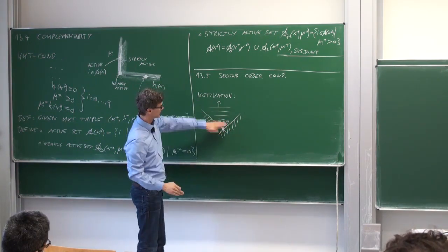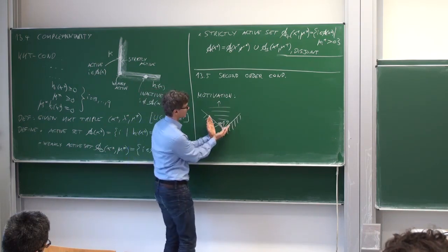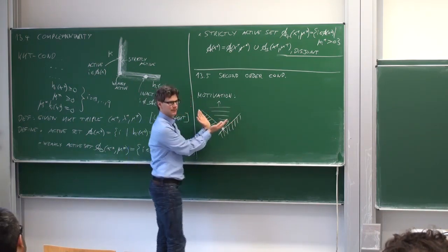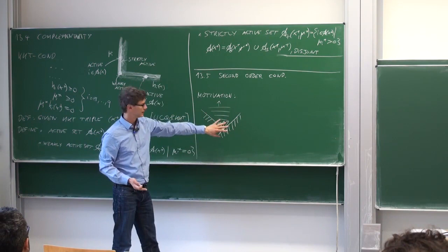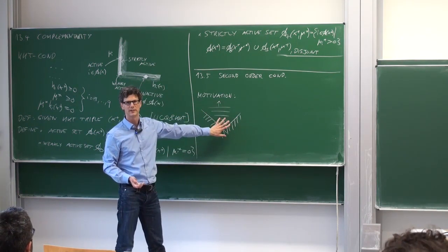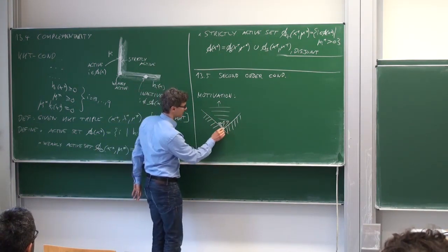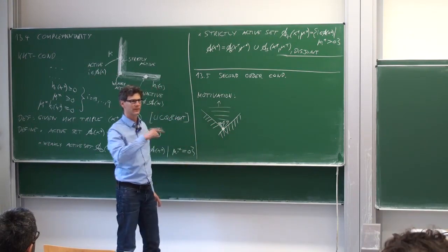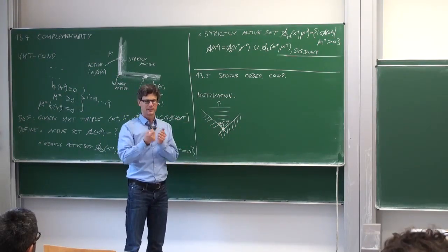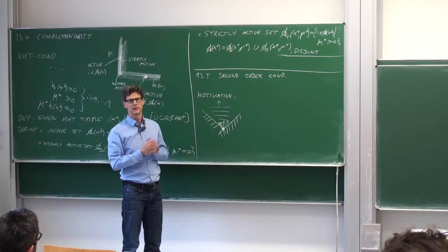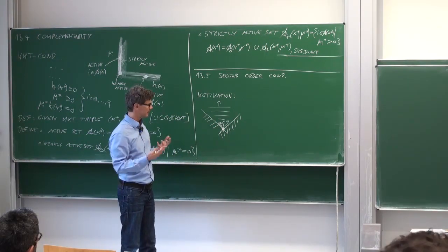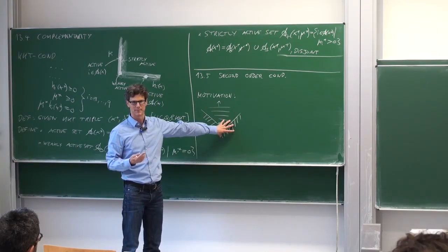Every vector in the tangent cone will increase the objective. So there is no need in this case to even check second order conditions, because you cannot move in any direction where the gradient is not already telling you that you will get worse. So the second order terms are not necessary in this example.